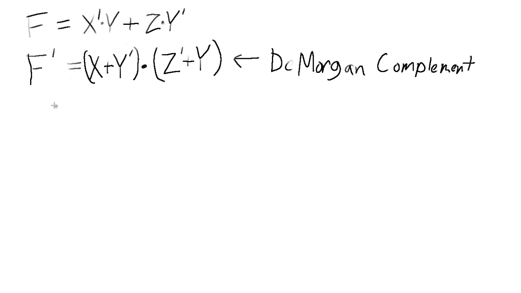And now what we want is to get something that is equivalent to this function here, or the DeMorgan equivalent. So just to write it out, we want f, and so what that equals is f prime inverted. We need to invert f prime.